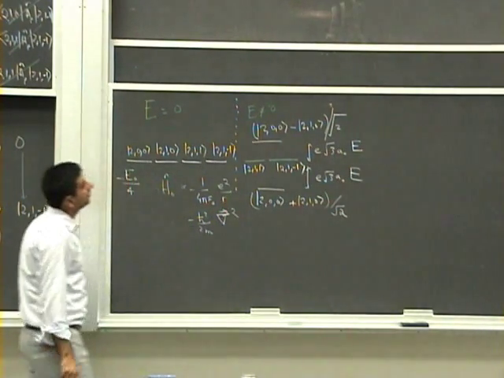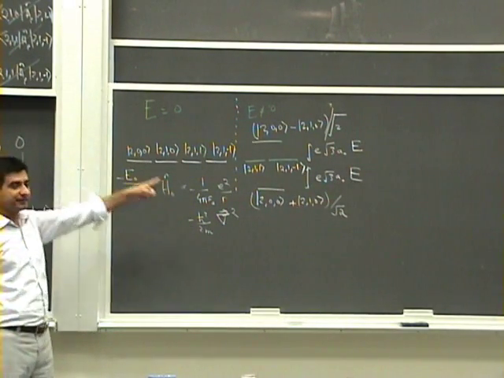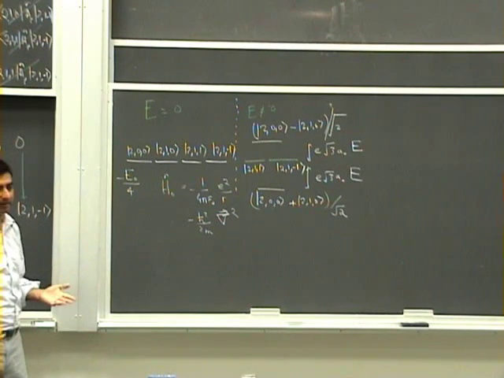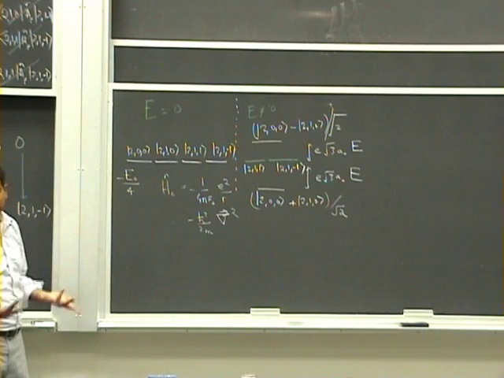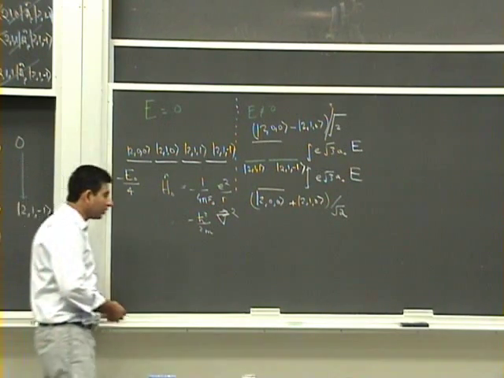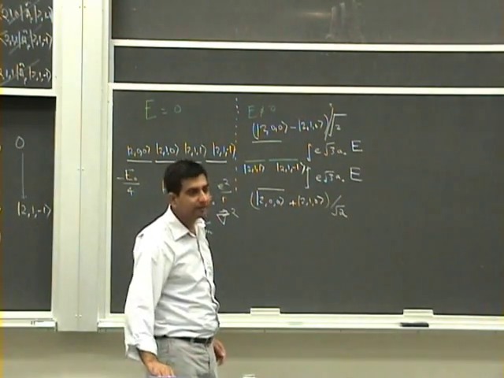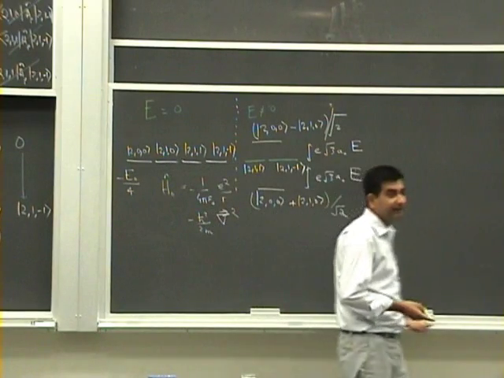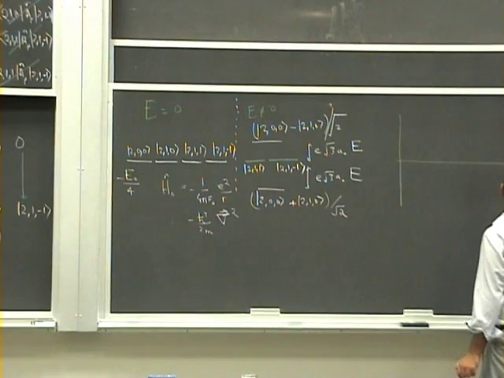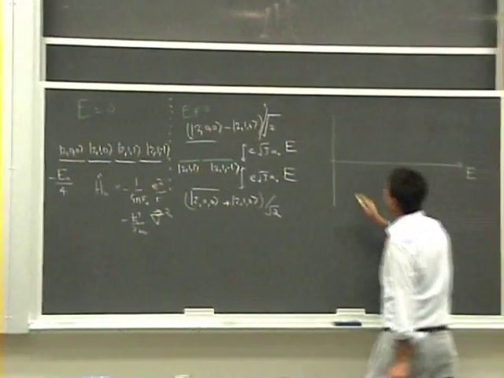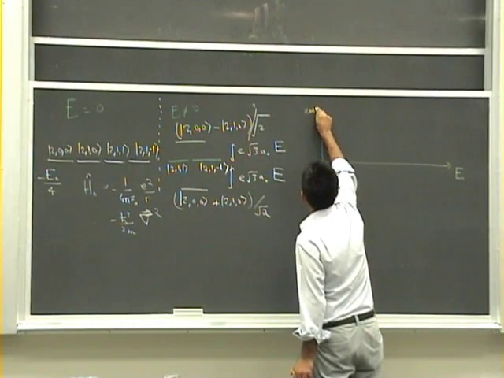Okay. Now, what we see is that the degeneracy is lifted by the application of an external field. The eigenstates change, and we can also plot the variation of the eigenvalues, which are really the eigenenergies. So if I make a plot versus the applied electric field of the energies of the states.